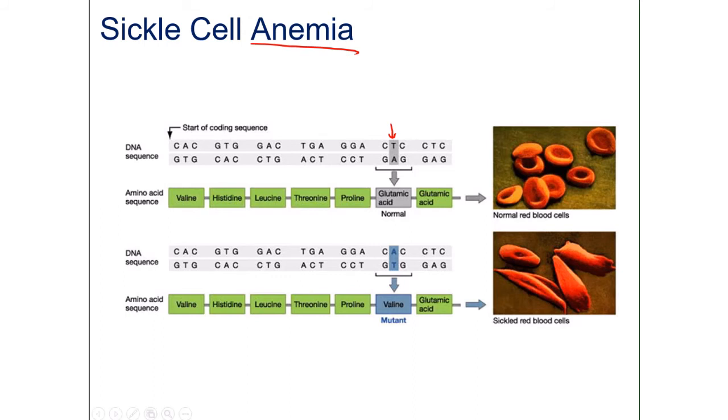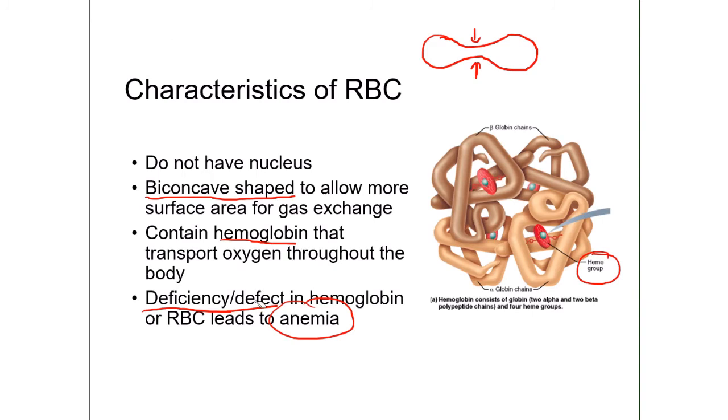So anemia in general just means you're not going to be able to deliver oxygen effectively, so you're going to experience things like shortness of breath, and you might be a little bit tired because you're not delivering oxygen to the body as much as you need to. So this is just one type of anemia. Like I said, it's not always about the hemoglobin problem.